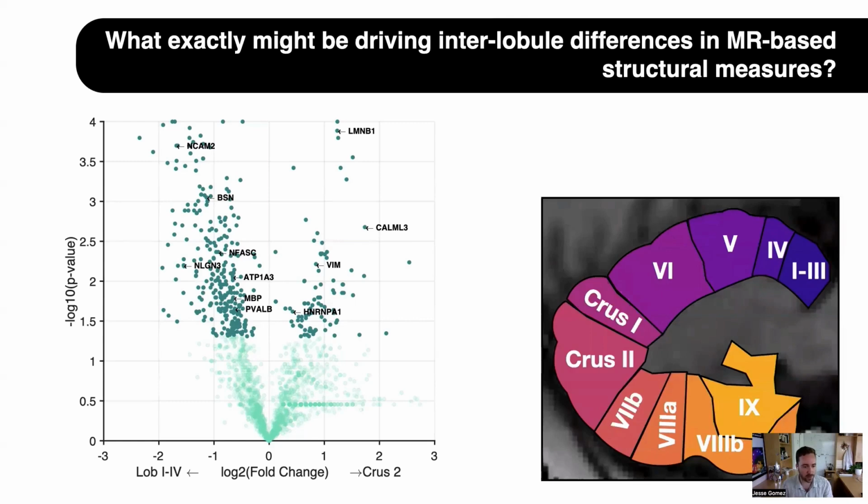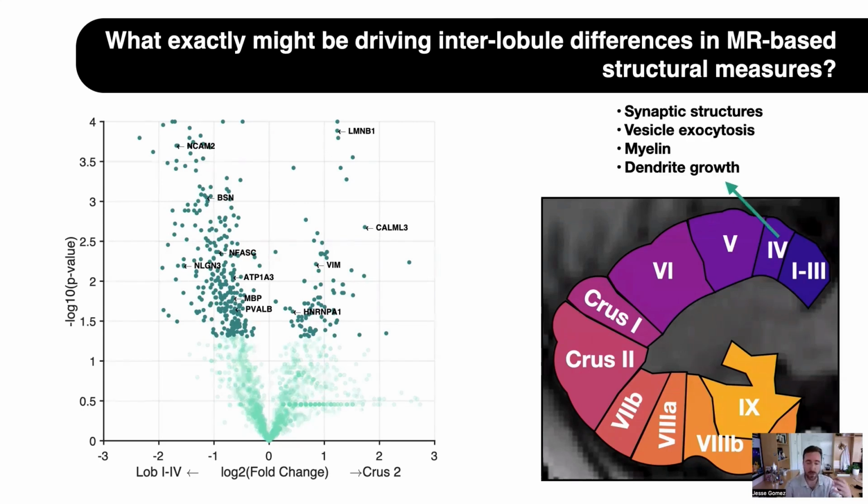You can do an enrichment analysis using TopFun, like I showed you before, feeding in these protein lists. What we find is that anterior lobule 1-4 has an enrichment of proteins involved in synapses, neurite growth, but importantly, myelin, suggesting that the MRI-based metric that we showed with T1, T2 ratio, suggesting that anterior lobules might have more myelin, seems to mirror this proteomic analysis, while posterior lobules seem to have genes involved in other things like DNA regulation and astrocytic development.